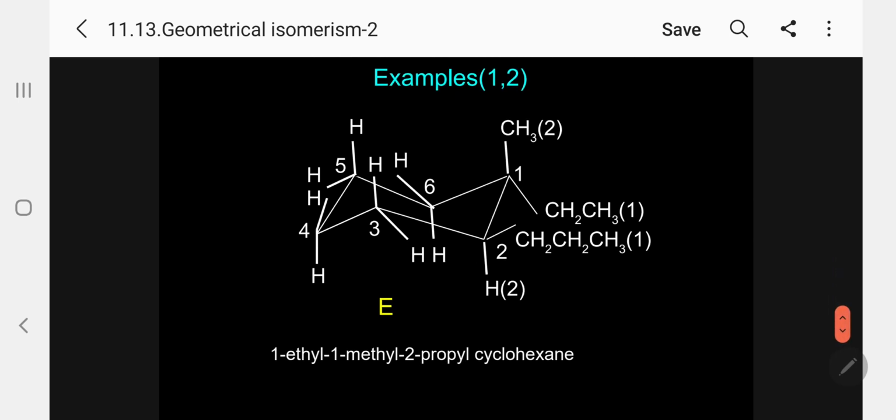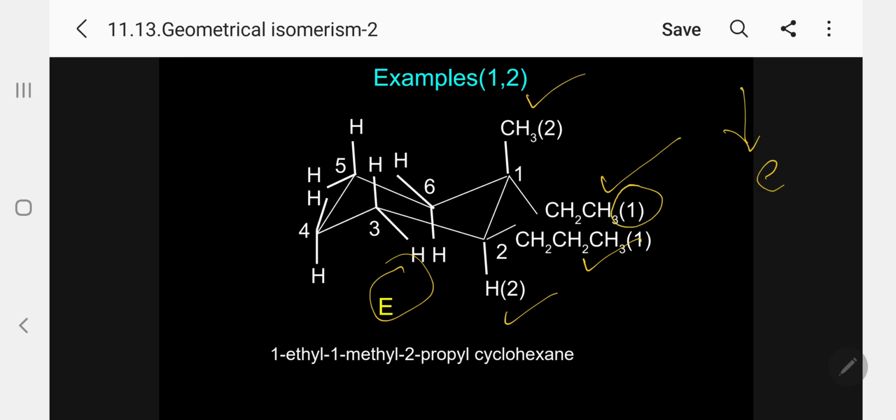In the example here, I will give E also for the cyclohexane. What I am doing now, just see here, as per the information, this is 1, this is 2, based on atomic number, on the first carbon atom. On the second carbon atom I am interchanging. So this is going to equatorial, this is coming to axial. So what will happen now? Consider 1 alone. 1 is equatorial below. And just see here, the other 1 is again equatorial.